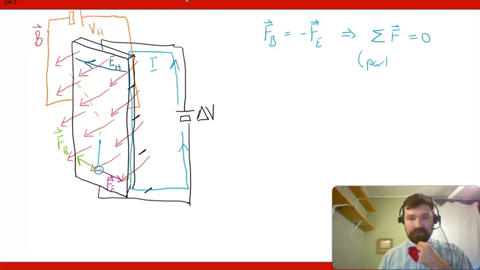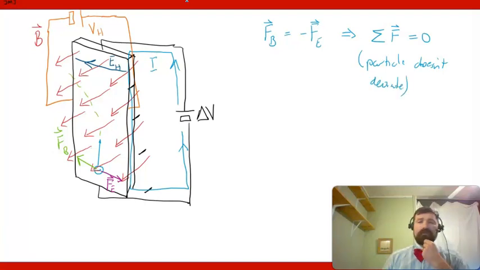So the particle doesn't deviate. All right, so I apply some bias voltage, and the particles therefore do not deviate. And maybe I also connect a voltage probe to measure the actual voltage between the two sides of this thing. So I know that I'm applying a bias voltage, and then I have a probe that tells me the actual voltage drop.